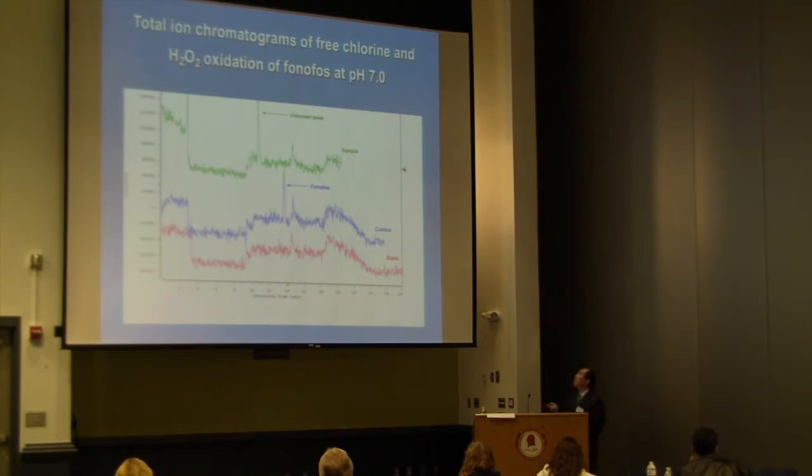And we found that this is the control. Control means that we use the phorate without oxidation, without those processes that happen in the water treatment plant. We just use the compound itself.